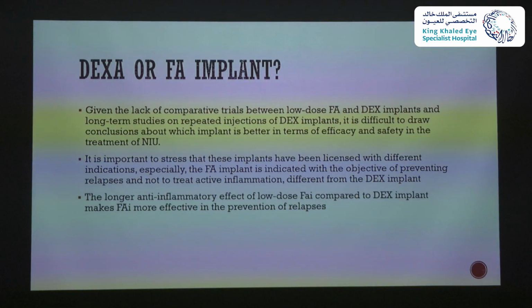Another important point is that these implants have been licensed with different indications. Retisert was approved for the prevention of recurrence of uveitis, while Ozurdex was approved to treat active uveitis.